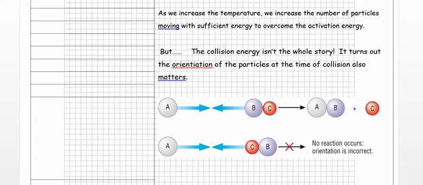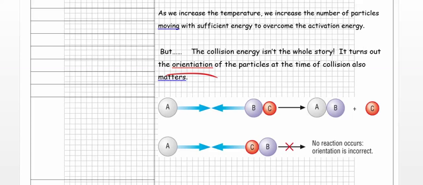We have A colliding with BC to form AB plus C. Now, in this first case, the A and the B were aligned so that when they collided, they were together. C was on the outside. That orientation resulted in a successful reaction, a successful collision. Of course, that's assuming that the minimum kinetic energy requirement has been met, right?